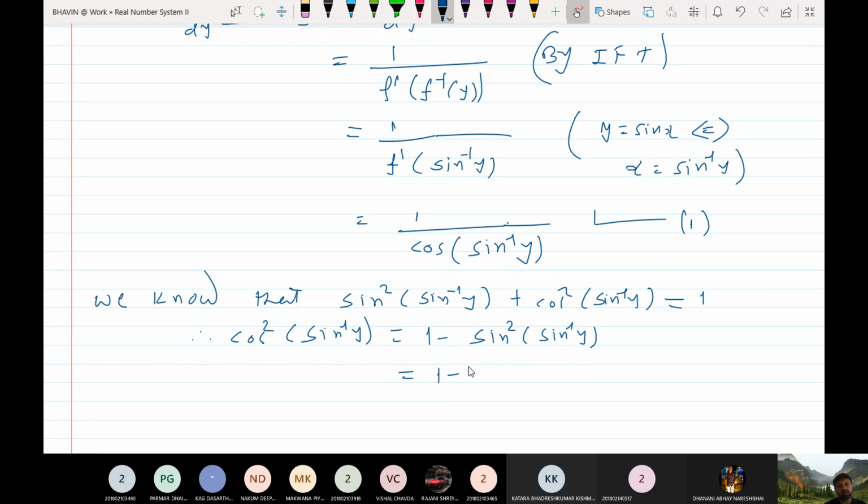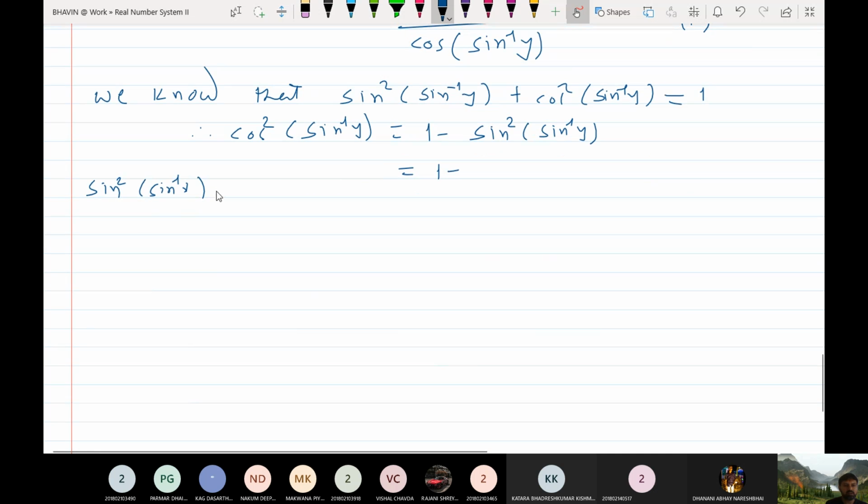See, sin inverse y equal to x if and only if x equal to sin y. Okay, so this is equal to, can anybody tell me? By the way, what is sin square of sin inverse x? You have seen this in inverse trigonometric functions.